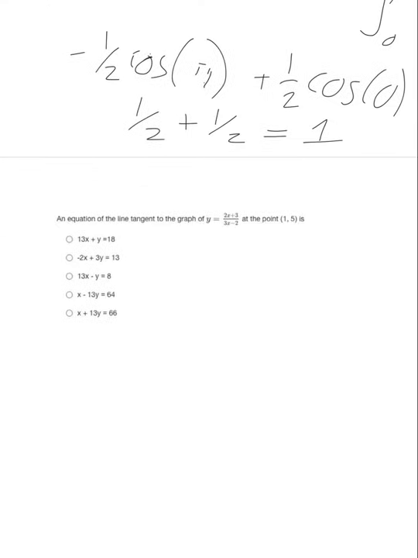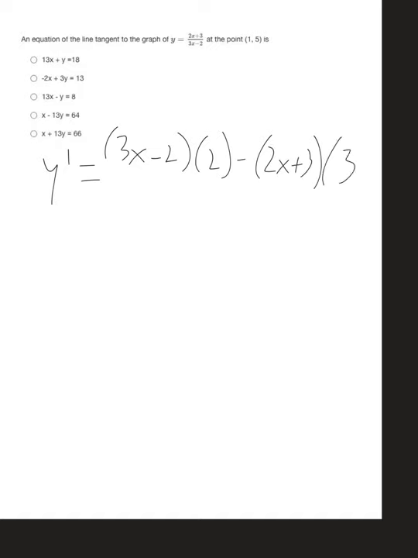All right. A little more straightforward here, equation of the tangent line. We do have to, again, do quotient rule, but that's tedious but not hard, hopefully. So y prime is going to equal low d high minus high d low.